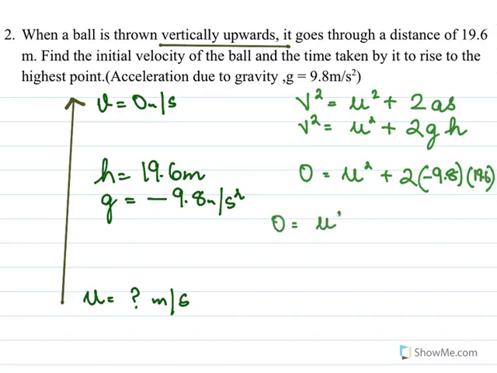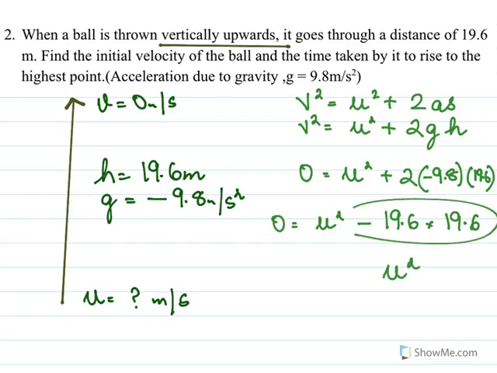So 0 equal to V square. Here when we multiply, we'll get minus 2 into 9.8 is 19.6. So 19.6 into 19.6. So U square, we take this 19.6 into 19.6 on the other side, and we get here 19.6 into plus 19.6.